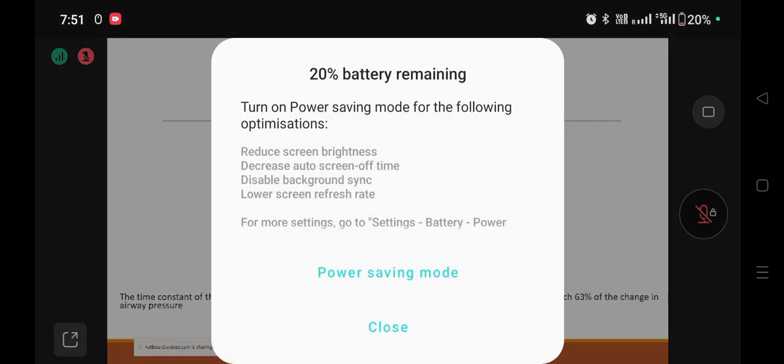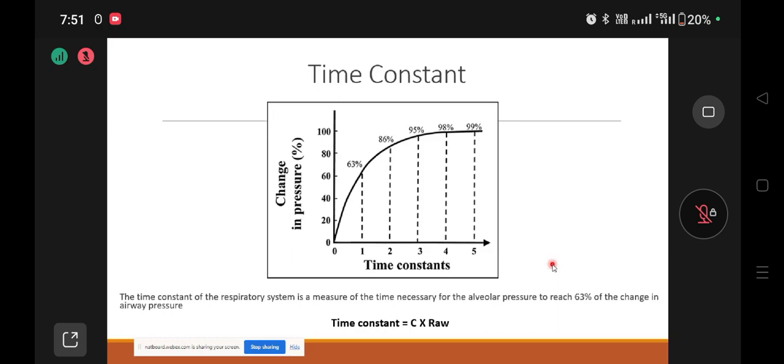Now, if we are talking about pressures, another important concept comes in, which is the time constant. It is very important for you to understand what the time constant is. The time constant is the measure of time required for the alveolar pressure to change. Mind you, we are mainly concerned about the alveoli, where the gas exchange actually occurs.